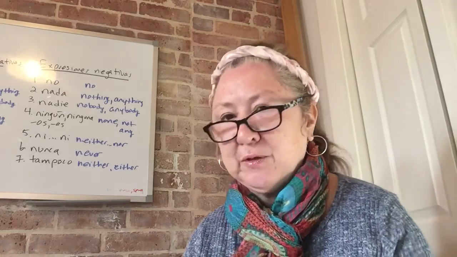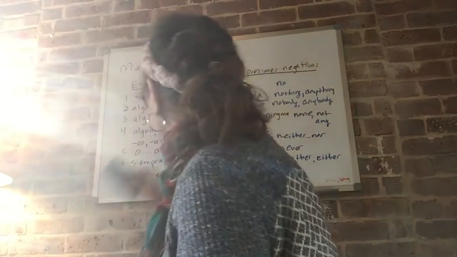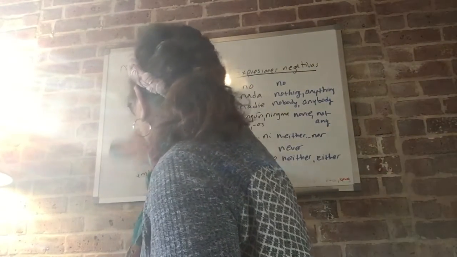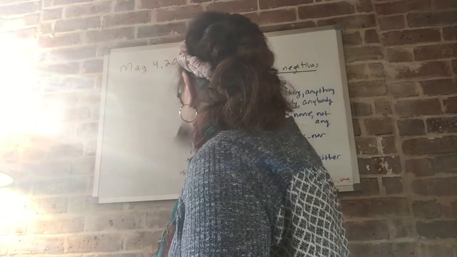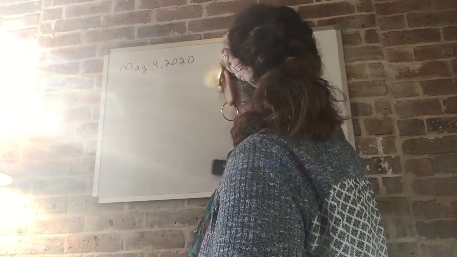Okay, so for our examples, we're going to go to the board. I'm just going to erase this. We're going to go over the examples together. The first one is: Aiden does not have anything in his backpack. Just pause the video and write down your answer, and then we'll go over it together.